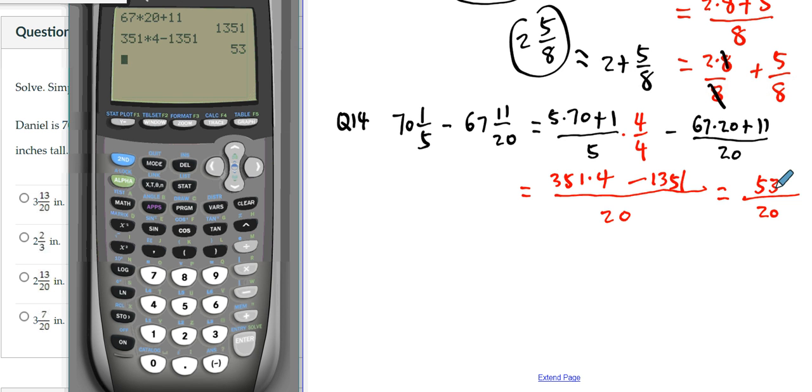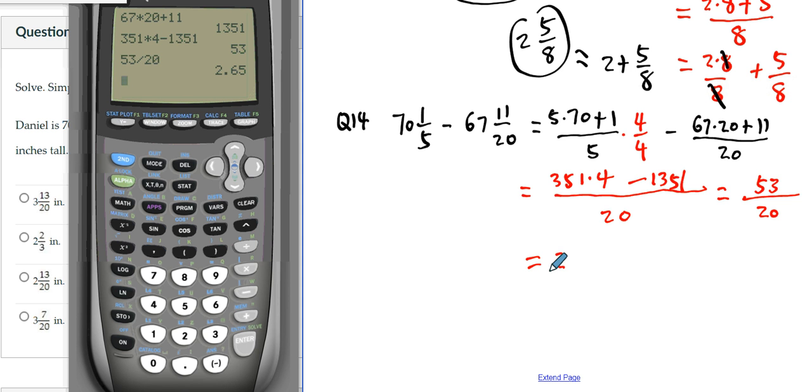So how to change this one into the form desired? We do 53 divided by 20. Is 2.65. You may say, we do not get a fraction. That's right. But the integer part is 2, right?